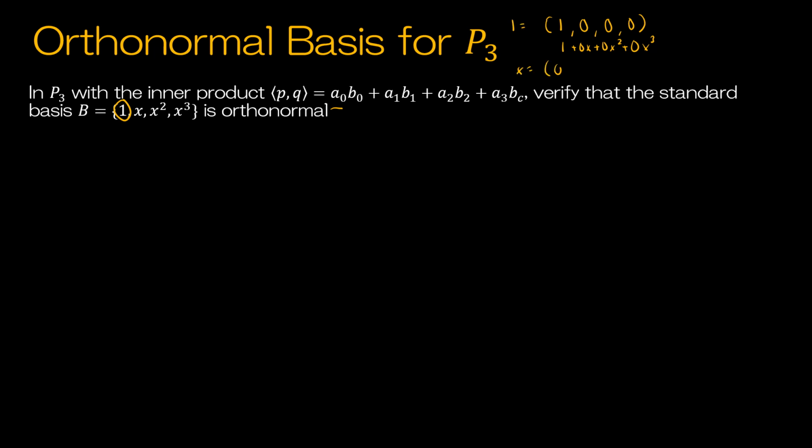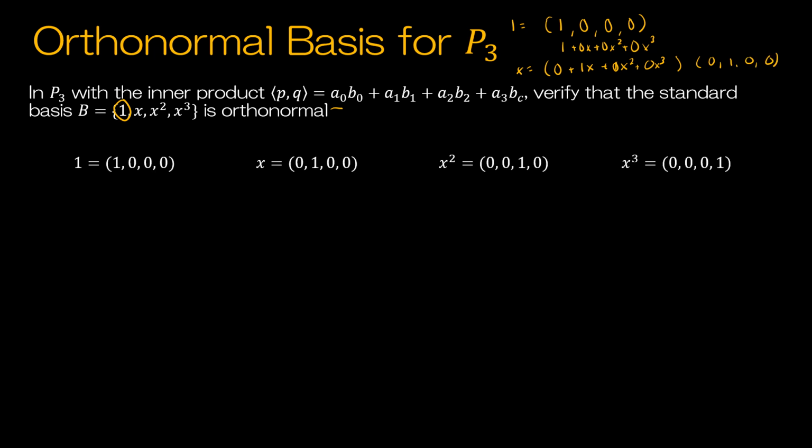So that would be 0, 1, 0, 0. Once you get that, then it's super duper easy.